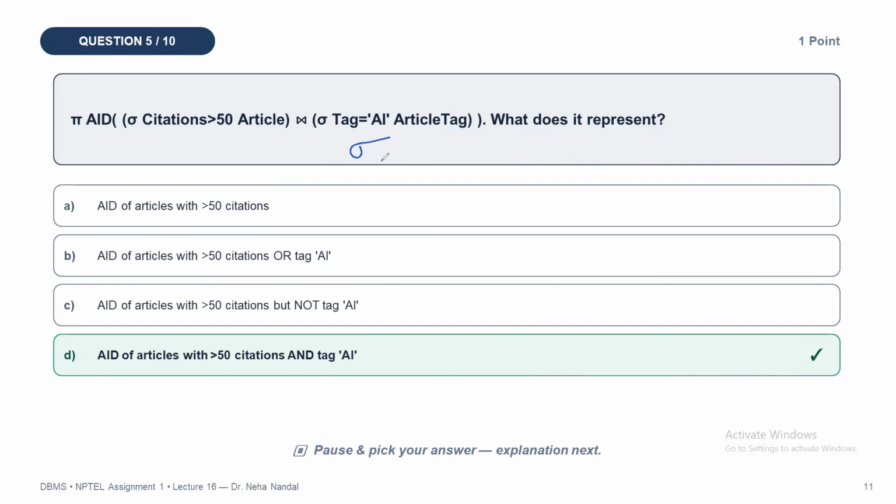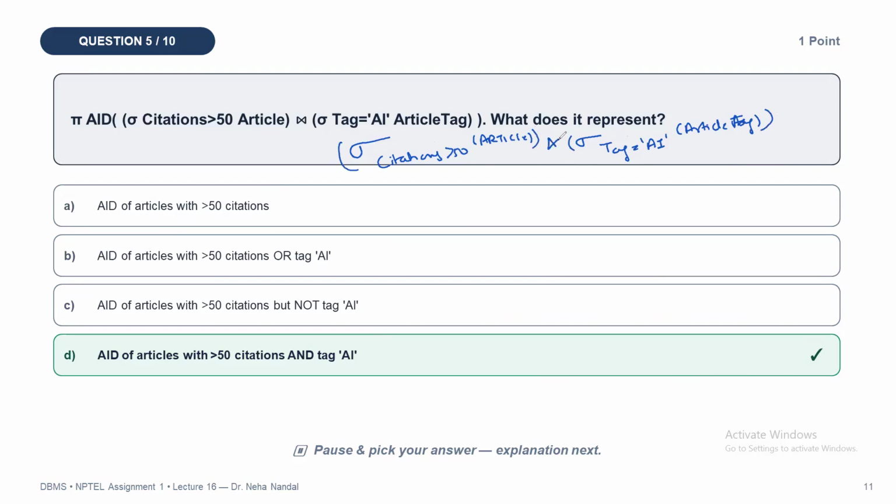In selection, the citations should be greater than 50 from the article, first thing. And then the second selection is the tag should be AI from the article tag.